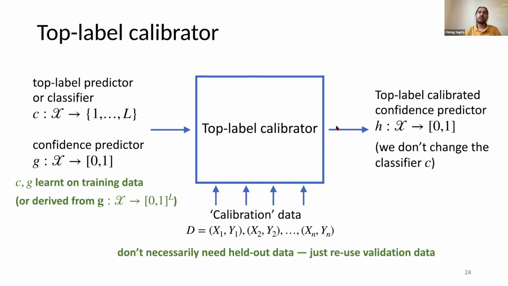Okay, and on the right, what we're going to do is recalibrate your confidence from G to H. And we're not going to change the classifier C, which means that our accuracy, arguably one of the main things that you have, especially in a deep learning setting, which is very high, does not change at all. So you're going to recalibrate just the confidence, but without changing the accuracy.